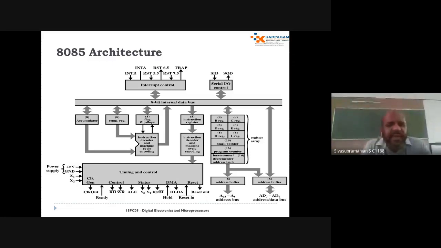So these are the hardware interrupts. Out of these five hardware interrupts, the priority-wise ranking is given. TRAP is given priority 1, which means it has got the highest priority, followed by RST 7.5 with rank 2, 6.5 with rank 3, 5.5 with rank 4, and for the last one, INTR, it is 5.